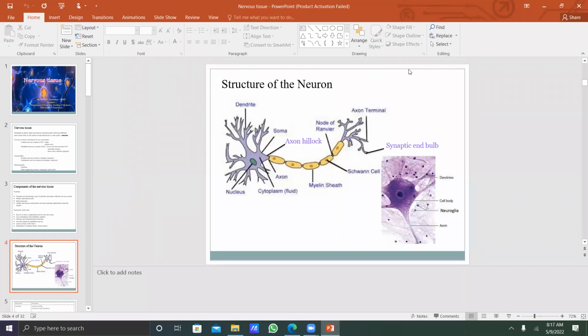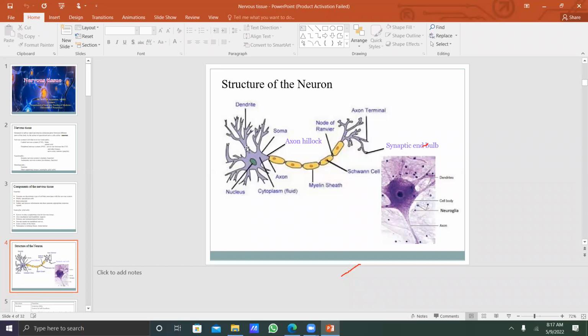And this is the structure of a neuron. I think you have studied this in the foundation course also. The shape of the neuron is very specific. There is a large cell body. In that, we can see the central nucleus and the cytoplasm.